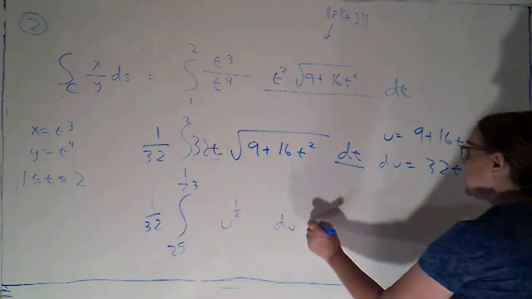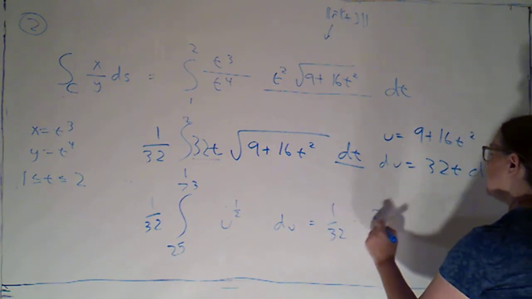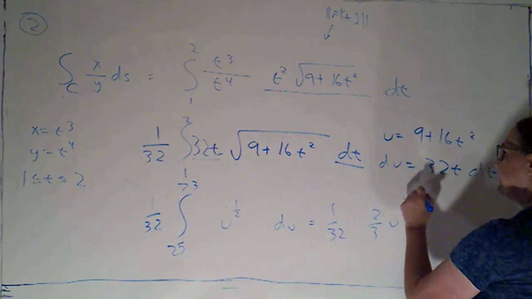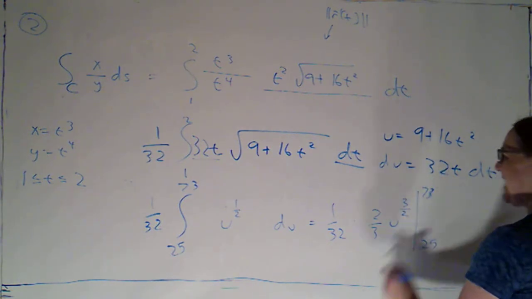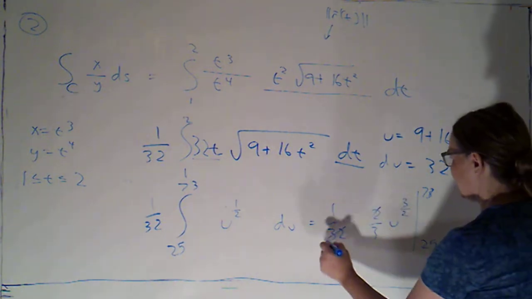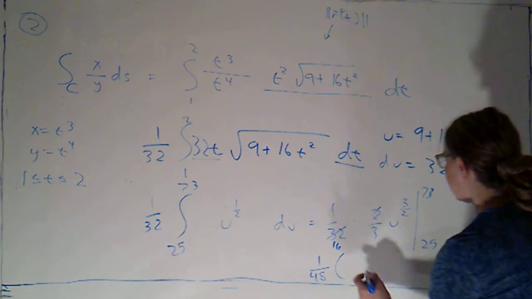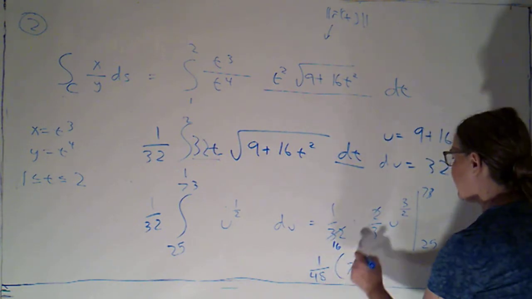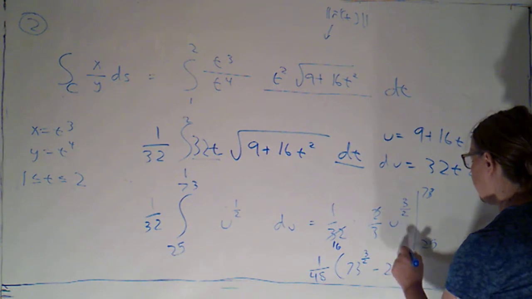So we get 1/32 times 2/3 u to the 3/2 evaluated between 73 and 25. So let's see, I can do a little bit of canceling here. So that's going to be 1/48 times 73 to the 3/2 minus 25 to the 3/2.